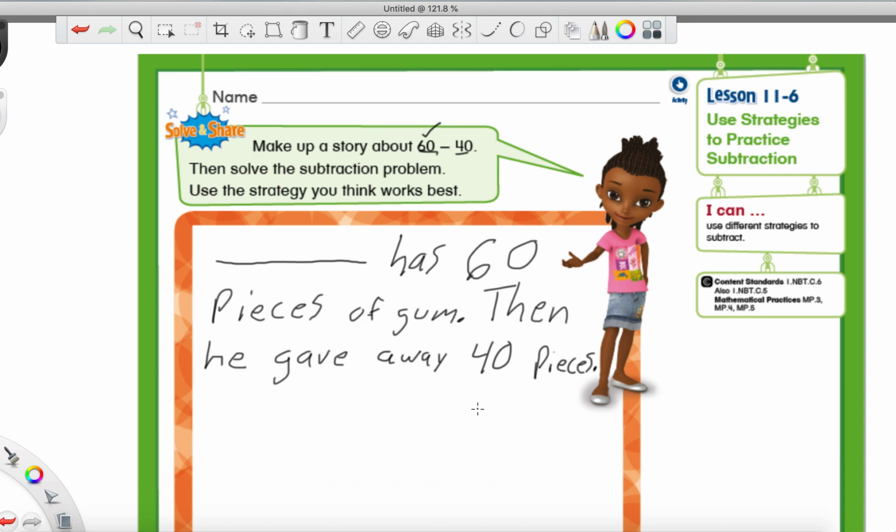And to end this, you want to find out the part that we found, right? We want to know that missing part, not the total. So we're not going to use words like in all.